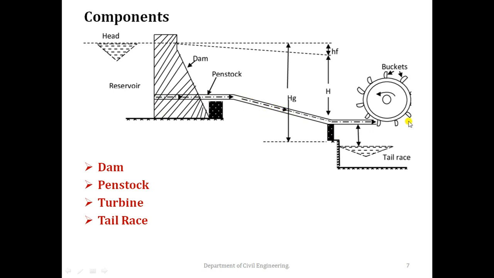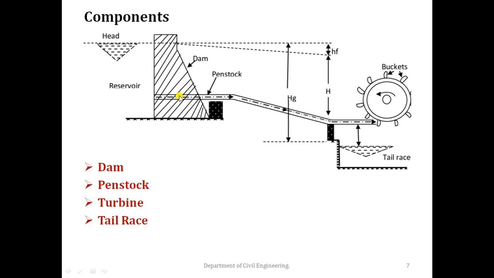Now in a hydroelectric power plant, we may use different types of turbines. We may use Pelton turbine, Kaplan turbine, or Francis turbine, depending upon the head available and the discharge available. Tail race is a channel which carries water away from the turbine.